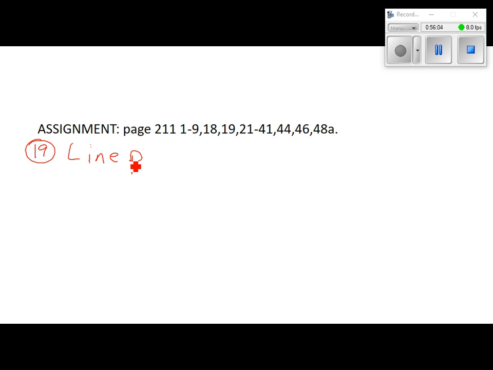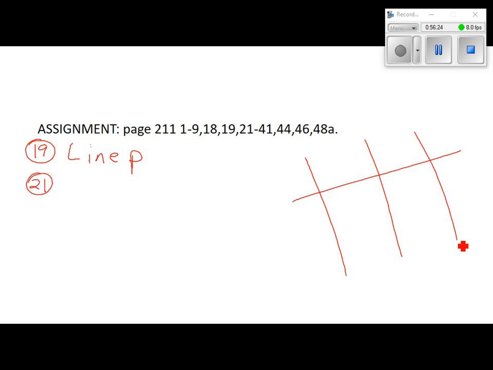Number 21, flip the page. Draw this picture up here because I think we need it for all of these, for the next 5 or 6. These 3 lines are parallel.